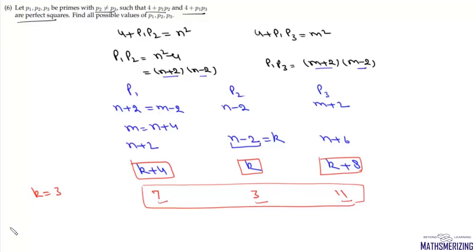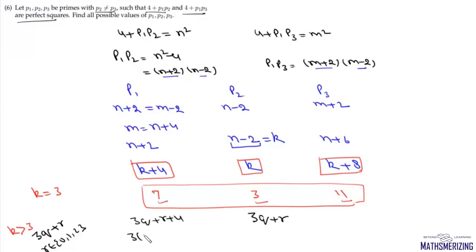Now what about numbers greater than 3? Any number greater than 3 will be of the form 3q plus r, where r is 0, 1 or 2. So we'll take this k as 3q plus r, then k plus 4 will be 3q plus r plus 4.